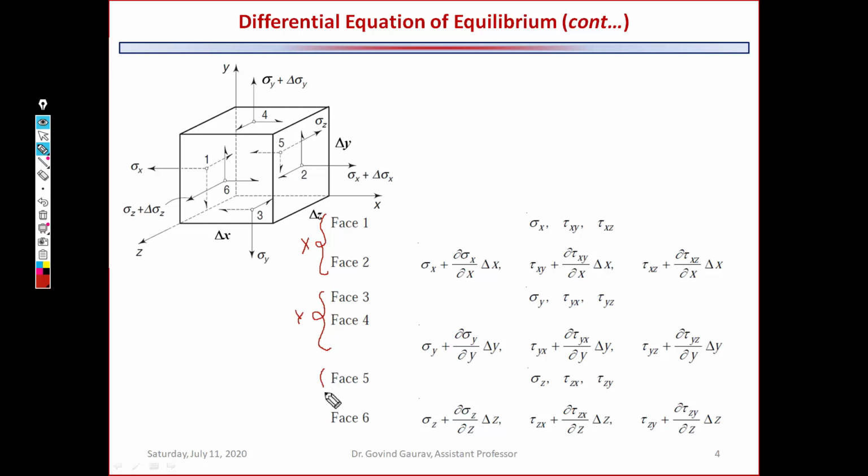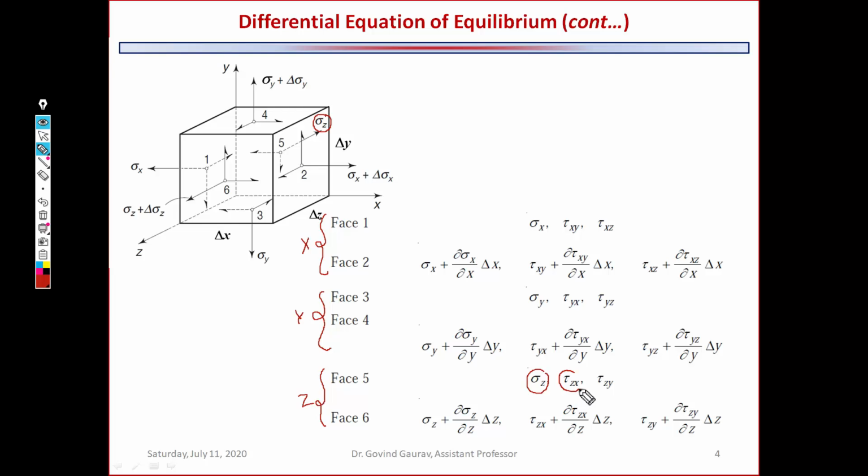If we move to the z direction, the normal stress acting on the z plane is sigma zz. So this one is sigma z, which is the normal stress acting on the z plane.